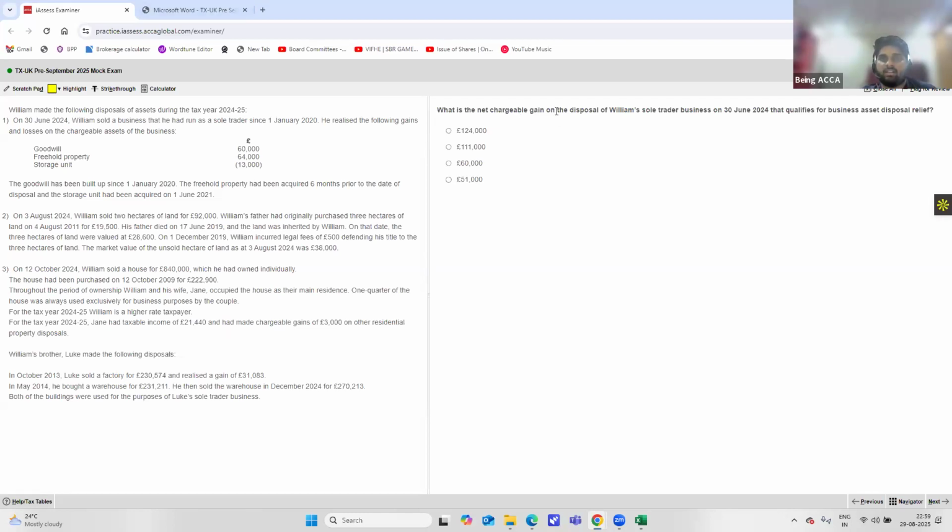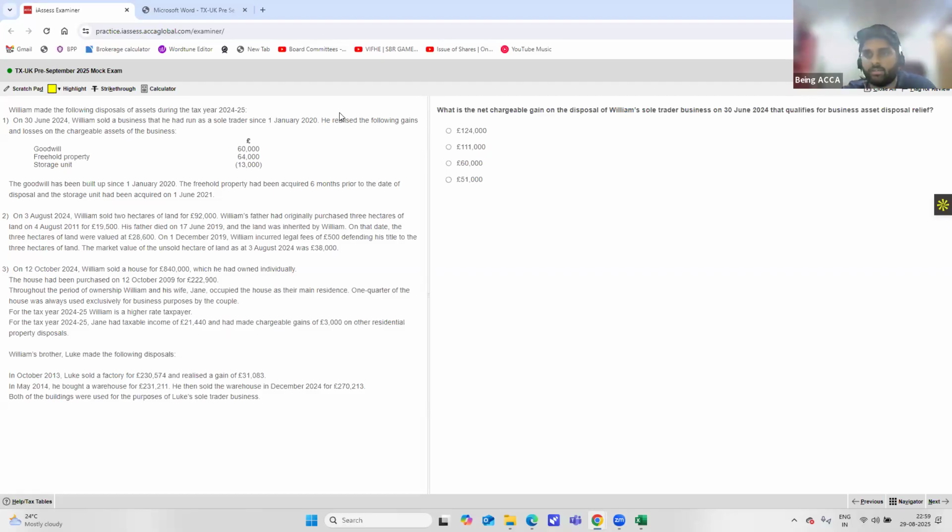What is the net chargeable gain on the disposals of William's sole trader business on 30th June 2024 that qualifies for business asset disposal relief? So what are the conditions to be satisfied to get business asset disposal relief? One is it should not be an incorporated business, correct?